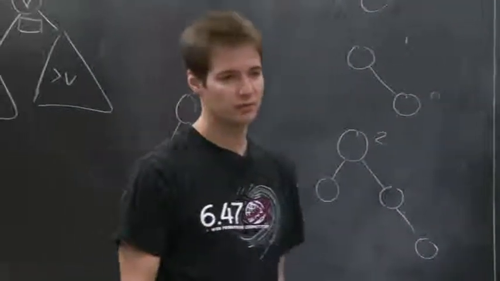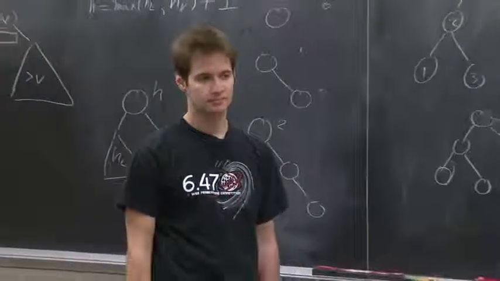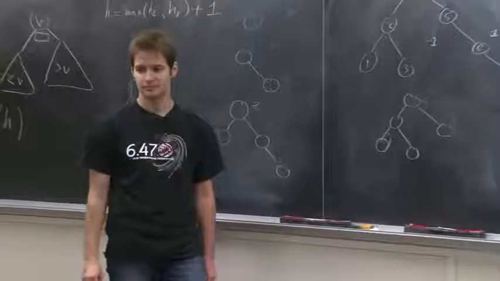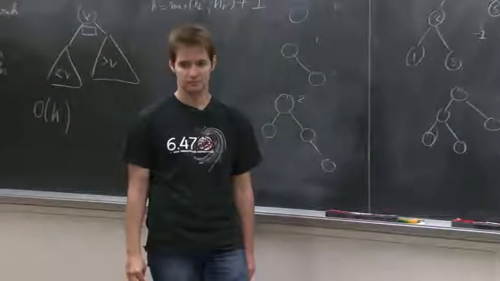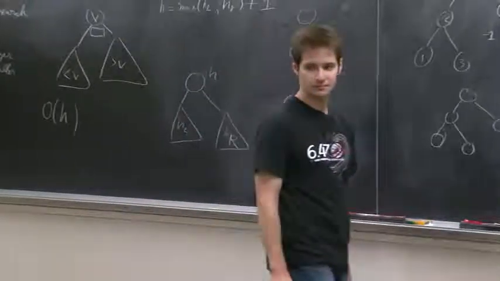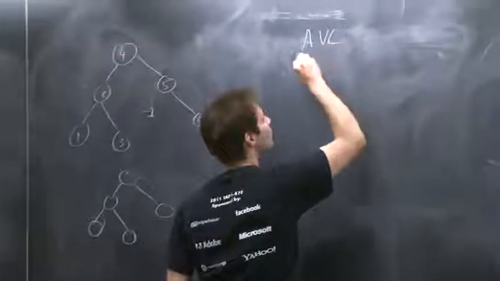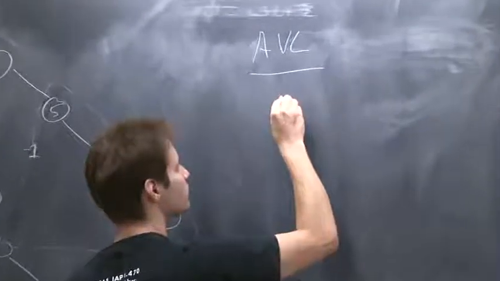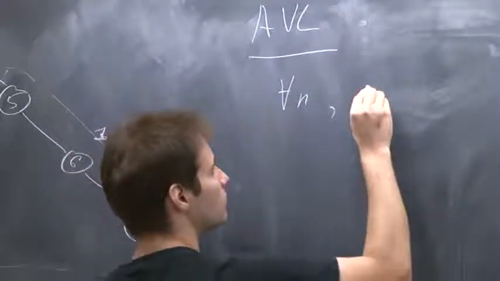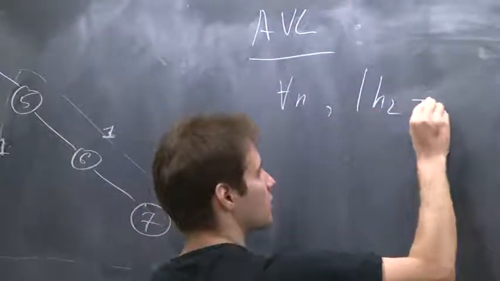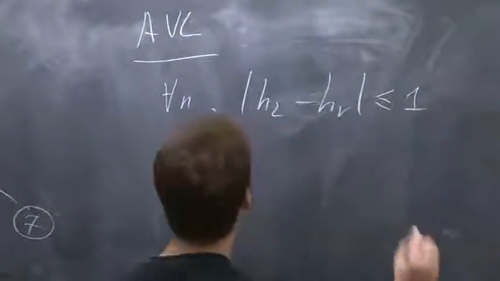Okay, so what's a rep invariant for an AVL? The height of the left subtree for every node is within 1 of the height of the right subtree. Excellent. So AVL, the core property is that for every node, the left height and the right height differ by at most 1.